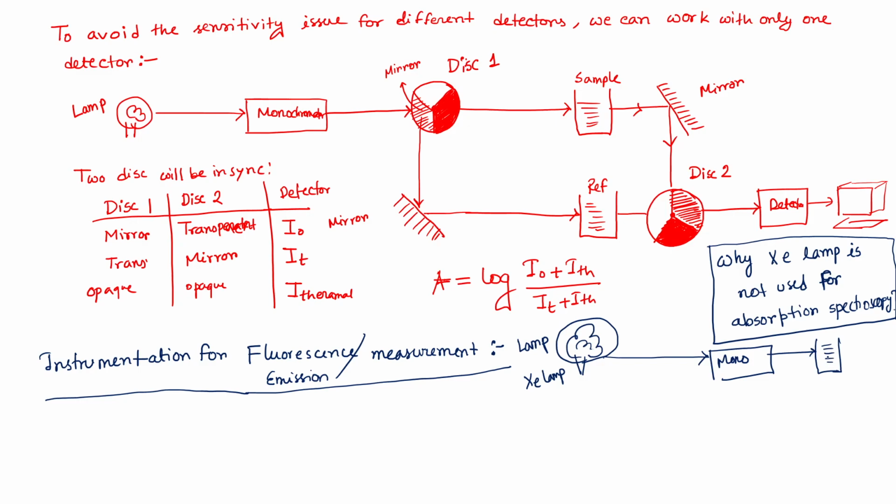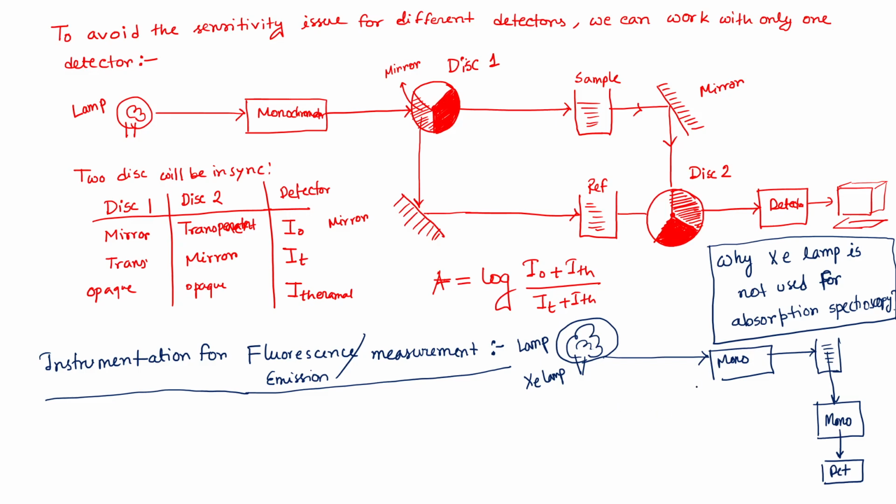And to avoid stray light, meaning the transmitted light, we collect it in a 90-degree fashion. And here is another monochromator, a wavelength selector, and then there is our detector. This is a very simplified version I am showing you.